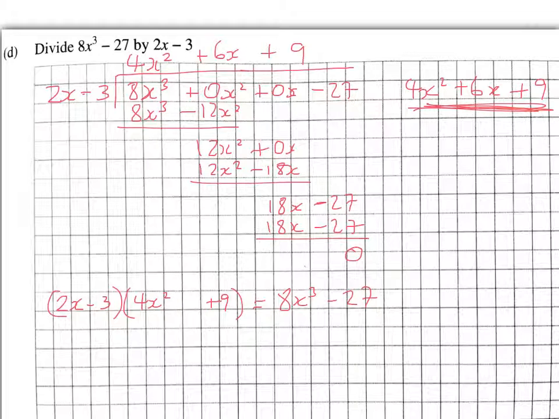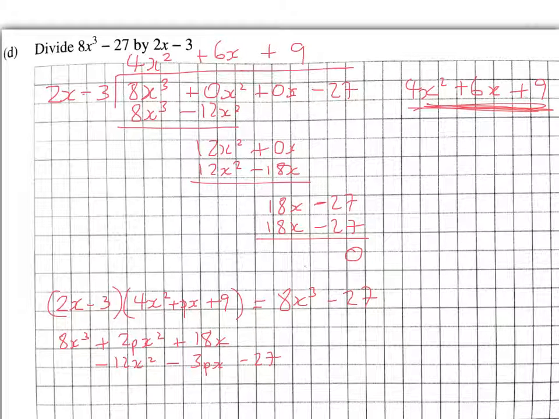So, I suppose what I can do is I can say, well, let's call it just px. Now, if I was to multiply this out, i.e., if I was to multiply 2x by each of these terms and minus 3 by each of these terms, what do I actually get? So I get 8x cubed plus 2px squared plus 18x. I also get minus 12x squared minus 3px minus 27.